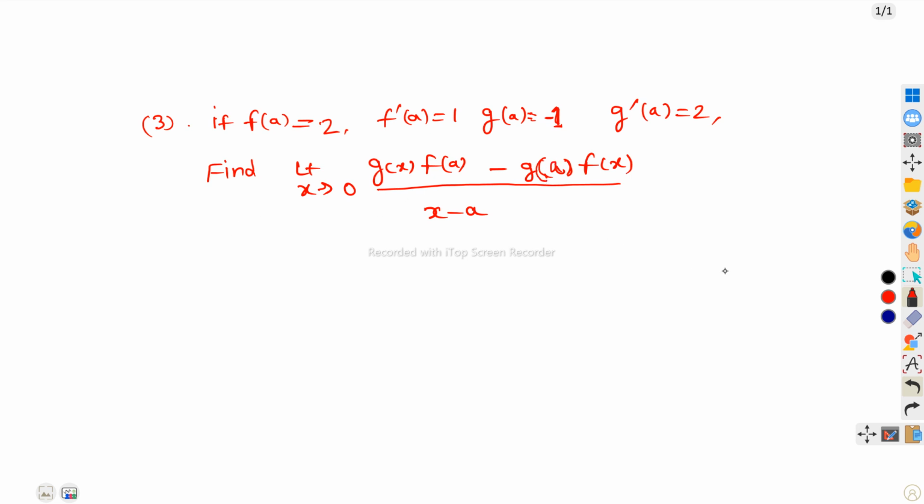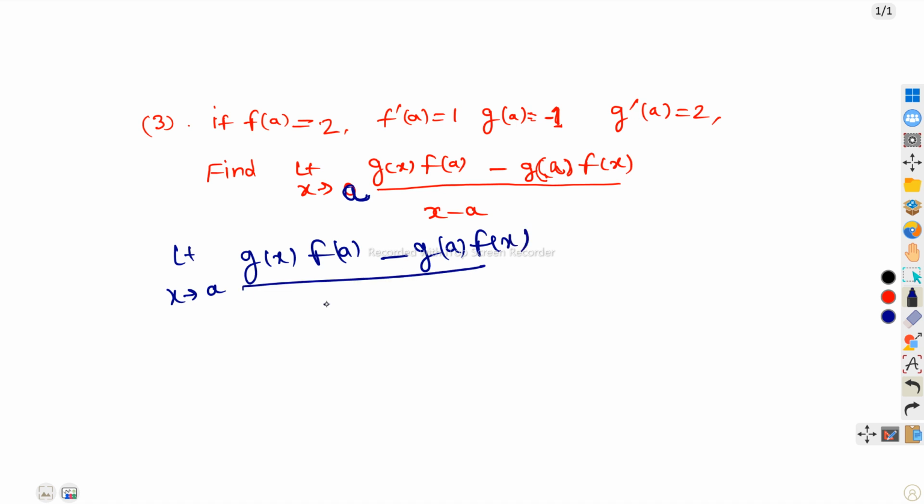Again, we check what is the form of the limit. We are given limit x tends to a of (g(x) f(a) minus g(a) f(x)) upon (x minus a).